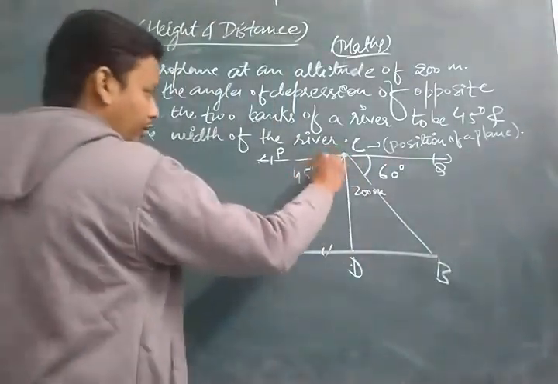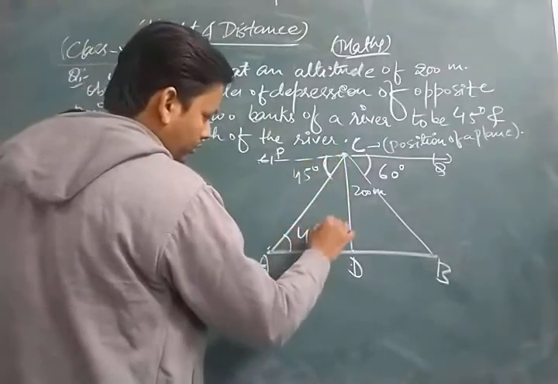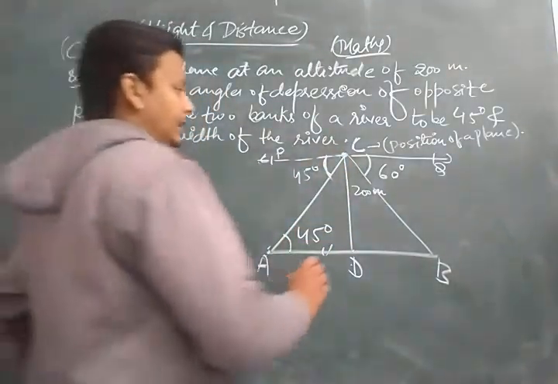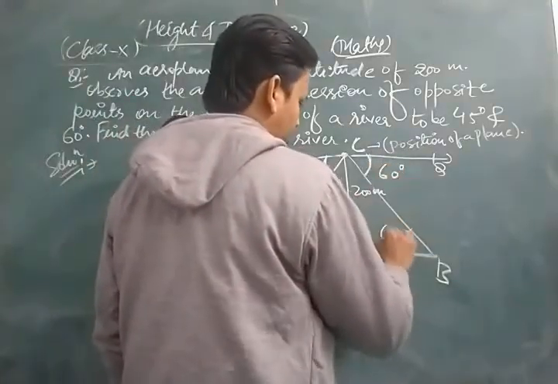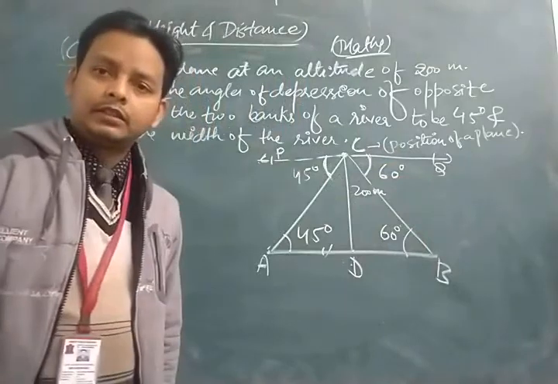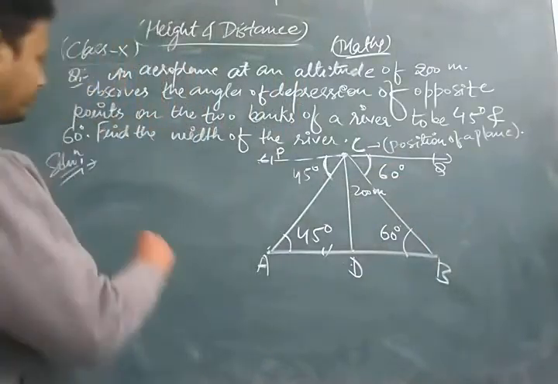Then that 45 is also 45 degrees, and that 60 is also equal to 60 degrees. Now clear?